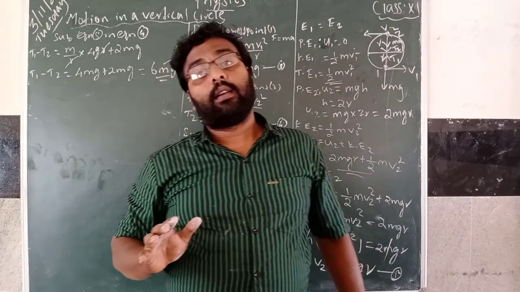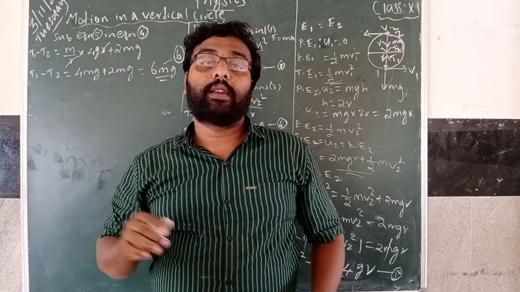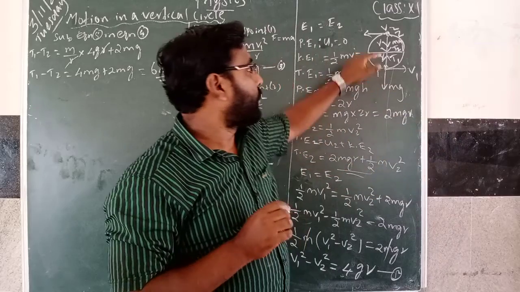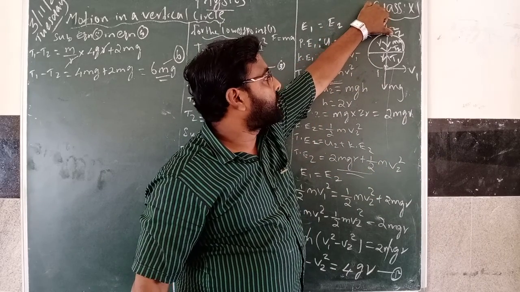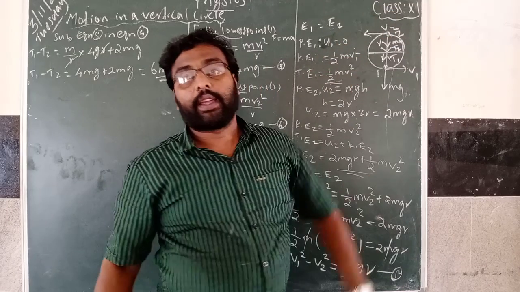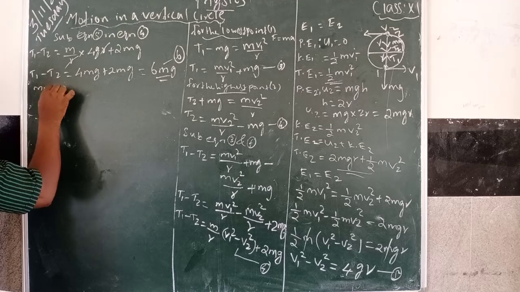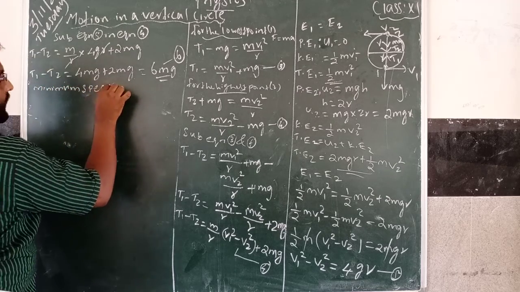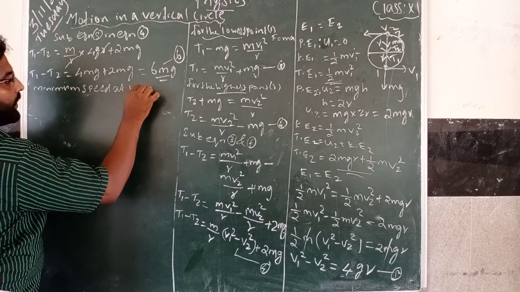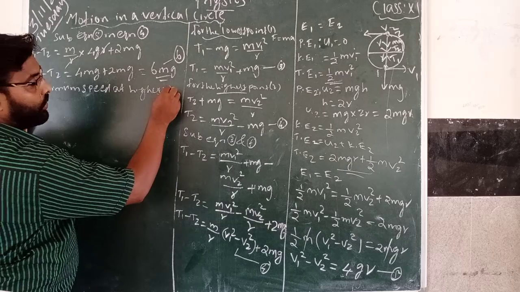So we can take the tension during minimum speed, T2 is equal to 0, because when the object is at this position, tension 2 we can take as 0. So minimum speed at the highest point you can find out first. Highest point means first we can find out the V2.